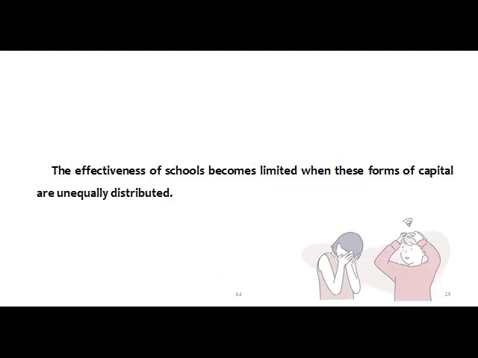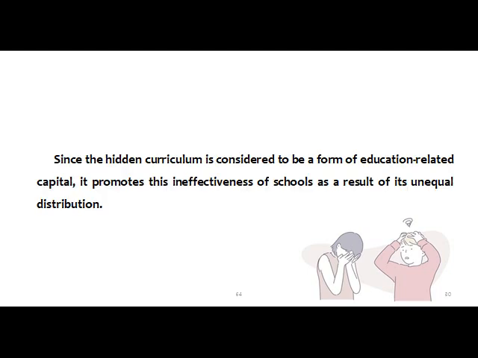The effectiveness of schools becomes limited when these forms of capital are unequally distributed. Since the hidden curriculum is considered to be a form of education-related capital, it promotes this ineffectiveness of schools as a result of its unequal distribution.